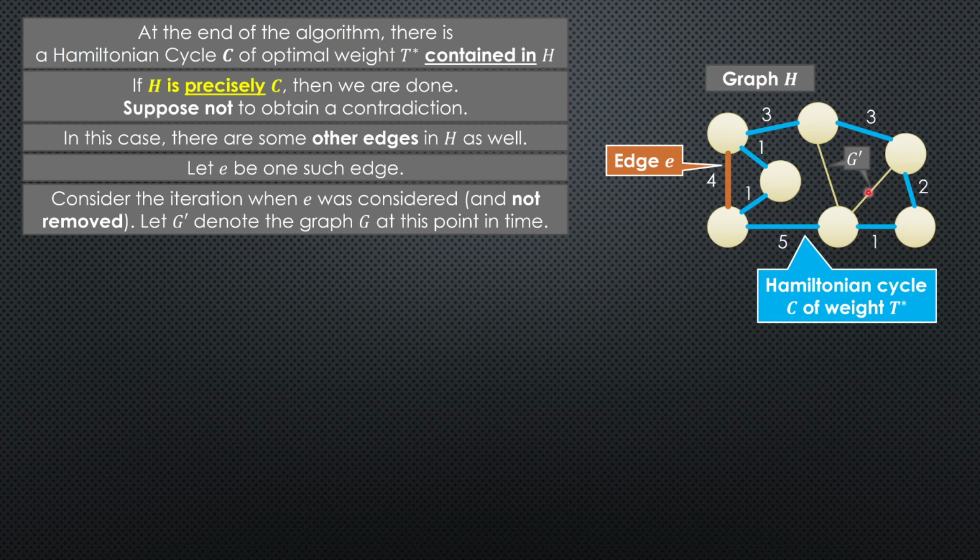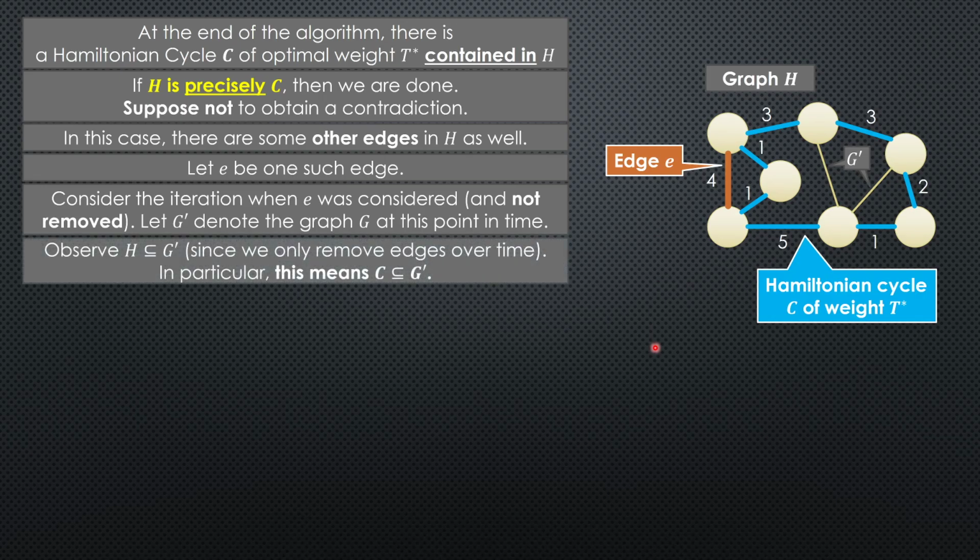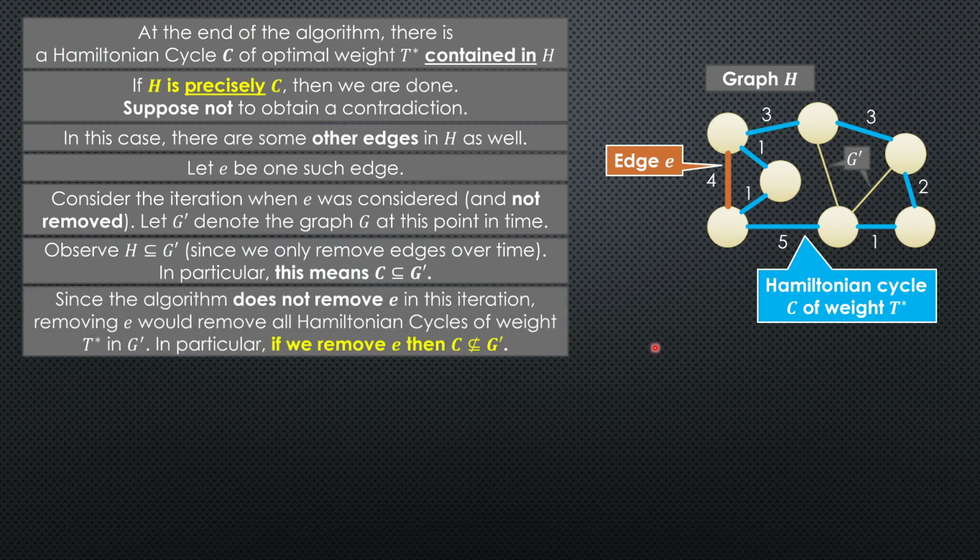I've drawn these here. The point is, we're just removing edges over time, so H is going to be a subset of G prime. And remember, C is part of H, so that means C is a subset of G prime.